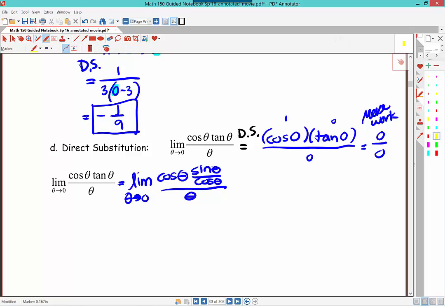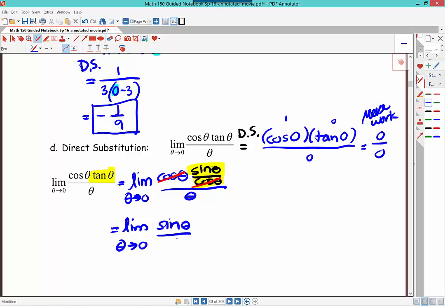So again, this guy is equivalent to this factor. And you see that the cosine thetas divide out to be 1. And we end up with the limit as theta approaches 0 of sine theta over theta.